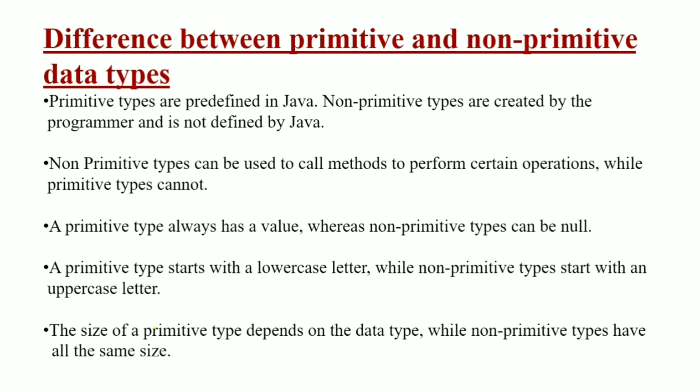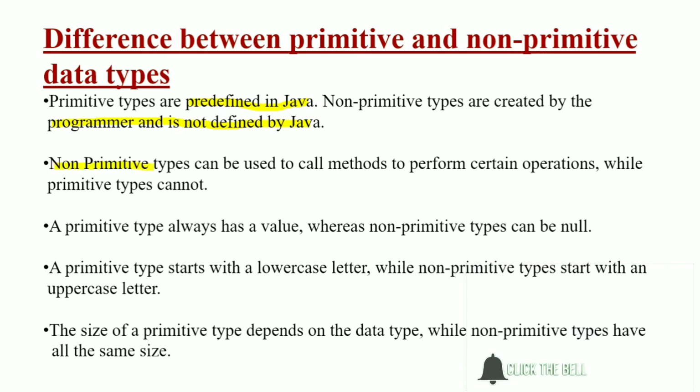Finally, let us understand the difference between primitive and non-primitive data types. First point: primitive types are predefined in Java, whereas non-primitive types are created by the programmer and are not defined by Java.